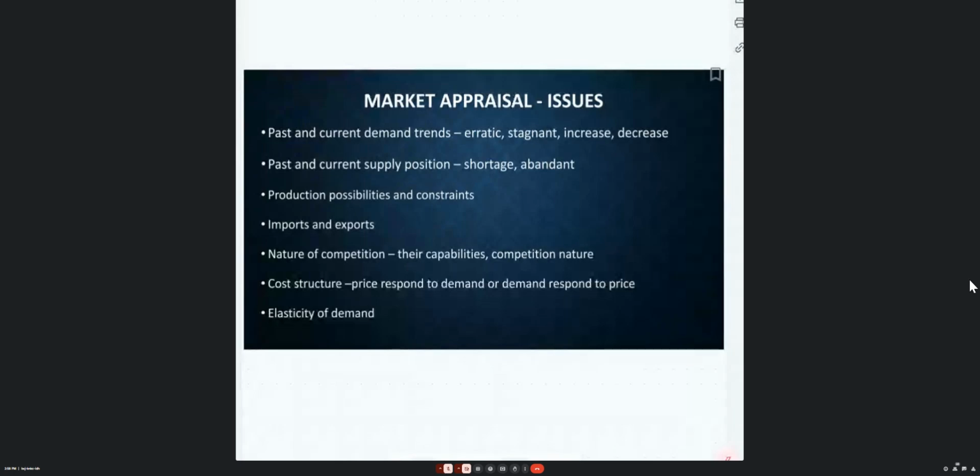Then the next item is cost structure. How do the prices respond to the demand, or how does the demand respond to the prices? In the simple case, demand goes up, price goes up. Demand goes down, price goes down.